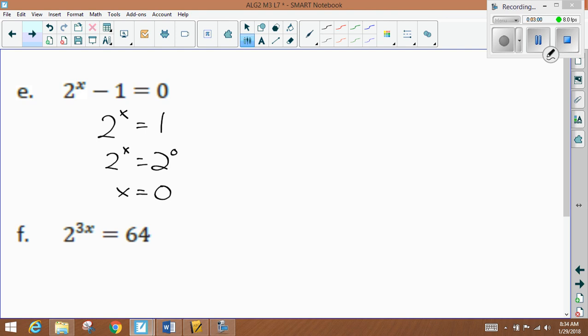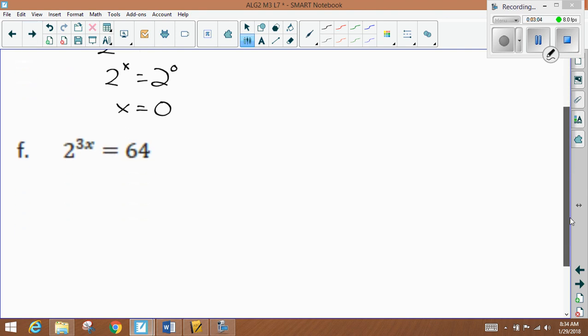So for this one, on the bottom, I'm going to write this as 2 to the 3x equals 2 to the 6, right? And then, again, with these equations, what I really care about is these two being the same.